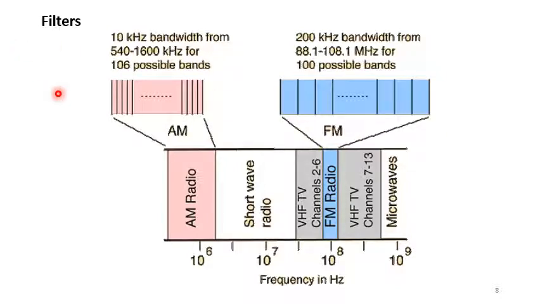Just to give you an idea, this is the frequency spectrum describing different applications. You might have heard about it, that we have, like, this is some AM radio frequency that is in kilohertz, but before this we have some frequencies that are allocated to different services.